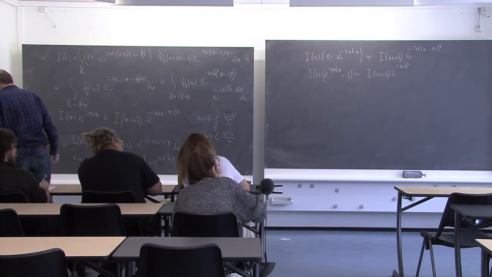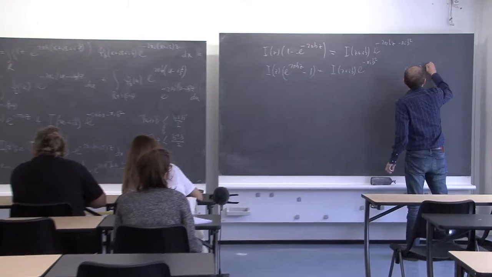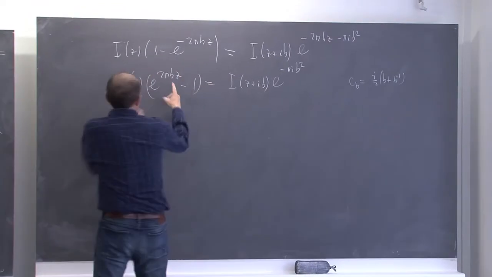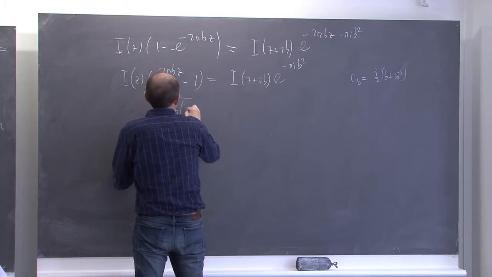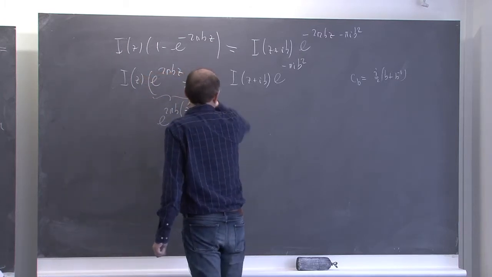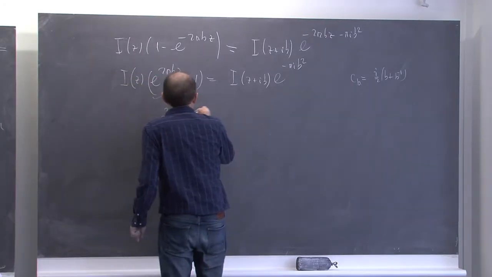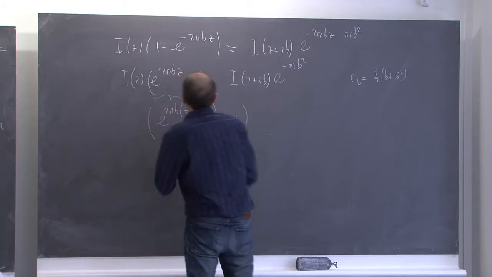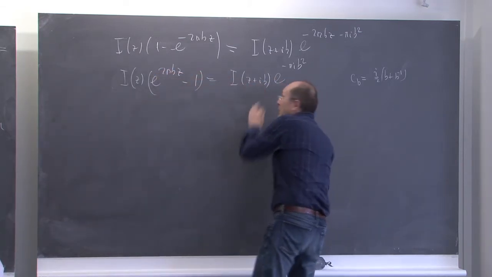And what we do is this. So let me define a combination C sub b, this combination, right? And then what I do here, I write this part as e to the 2 pi b z minus C b minus 1. Yes, so first I shift by minus ib half.